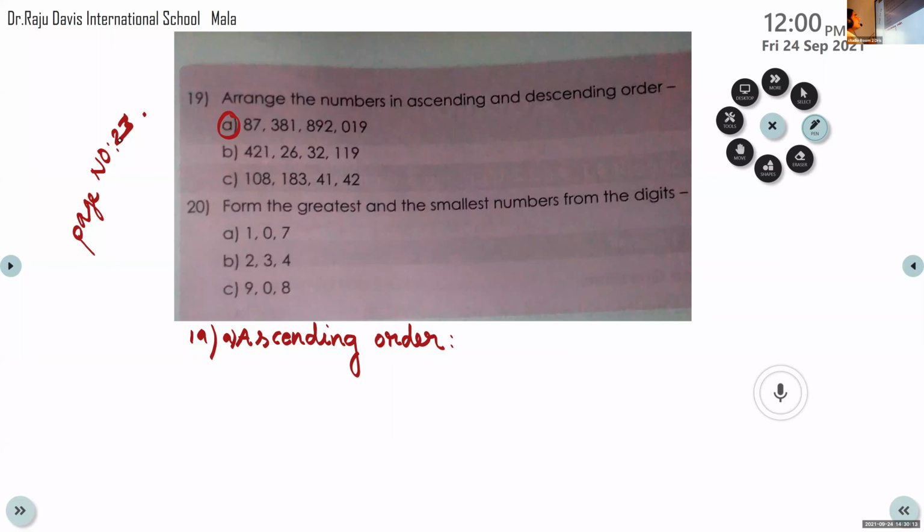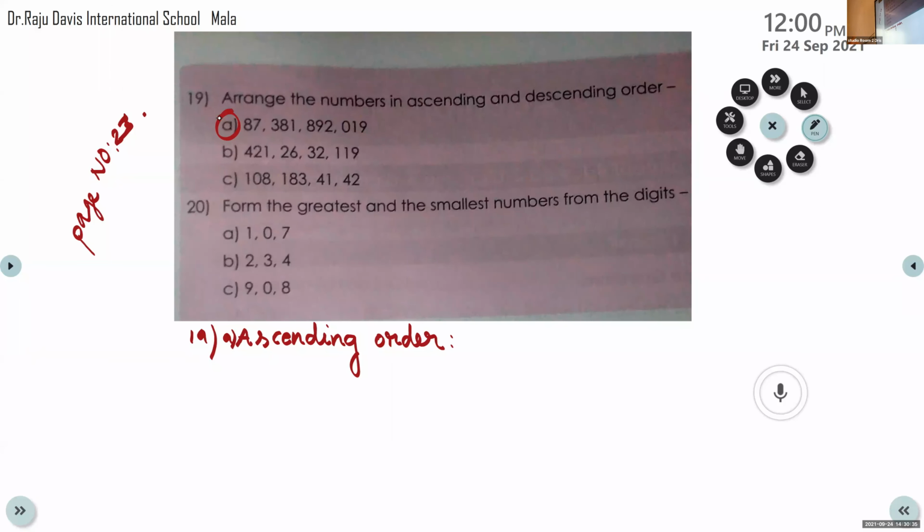Then what is the next number? This one, 19, 90. Is it a 2-digit number or 3-digit number? 2-digit number. If 0 is coming in front, no need to consider that. Okay, so here 2-digit numbers are there, 3-digit numbers are there.